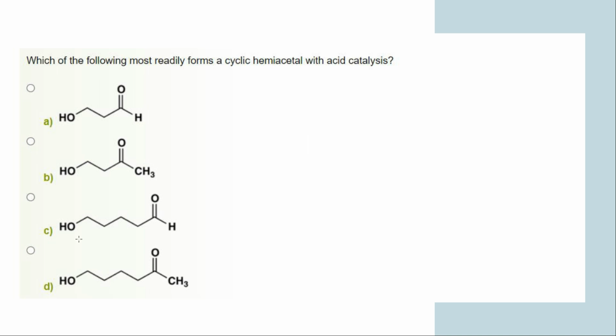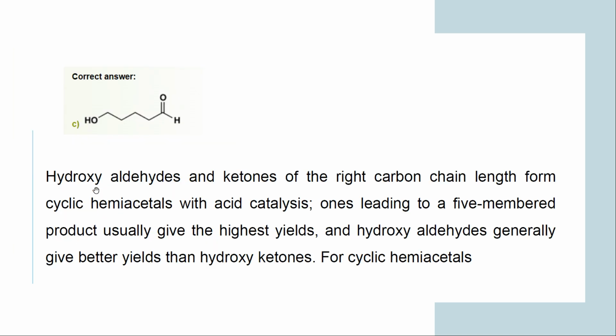When you have formation of cyclic hemiacetal, the most favored one will be formation of a 5-membered cycle, which will be followed by a 6-membered cycle, and the least favored will be 3 and 4-membered cycles. Always remember. So here in this particular question, option C will give you the most stable hemiacetal.